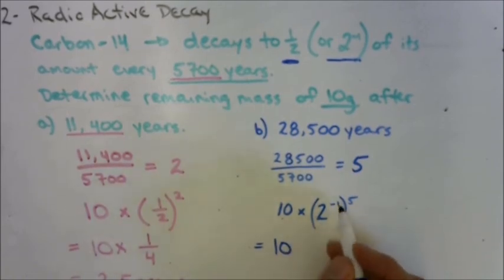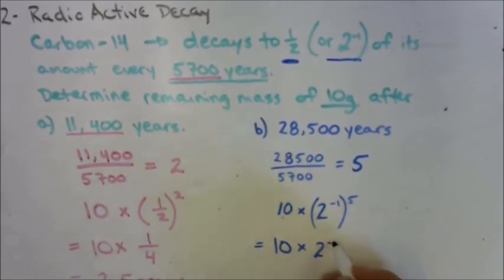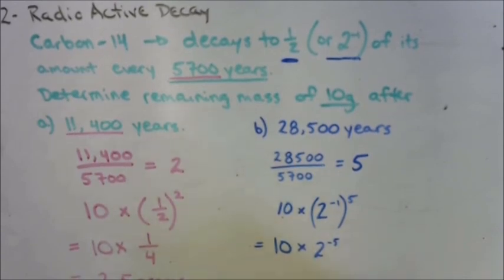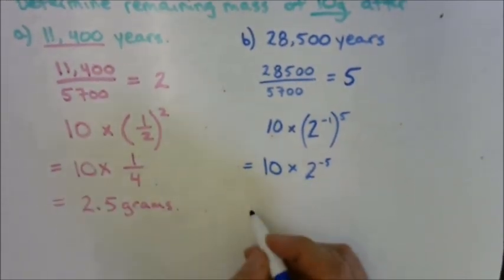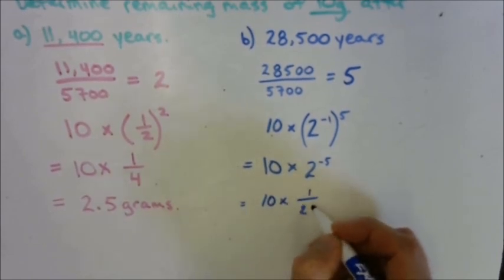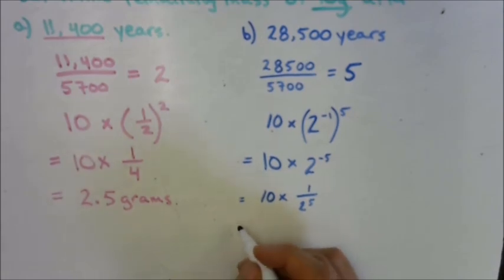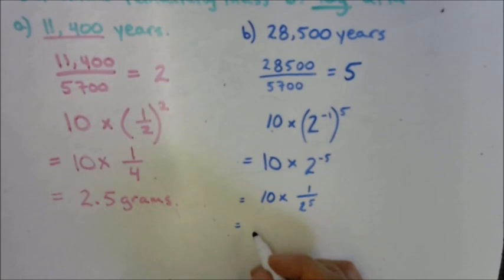This expression means half-life, and this is saying that we're going to have 5 half-lives. Using our rules of exponents, that means 10 times 2 to the power of negative 5, which means 10 times 1 over 2 to the power of 5. 2 to the power of 5 is 32. So we have 10 over 32.